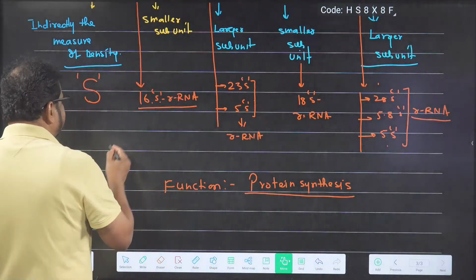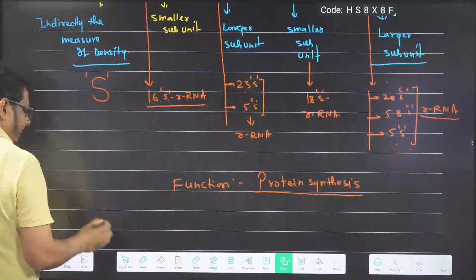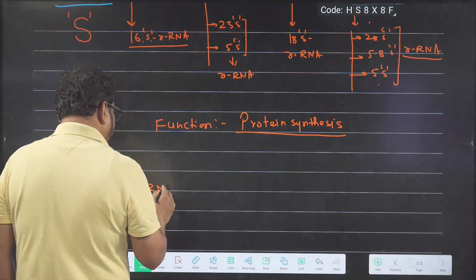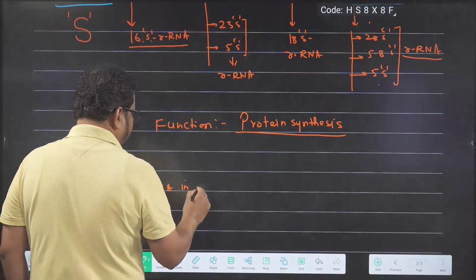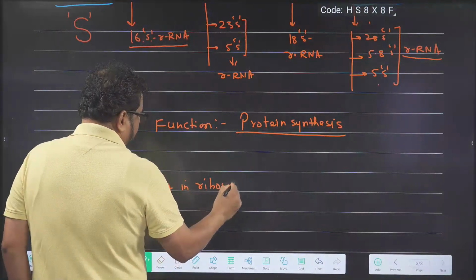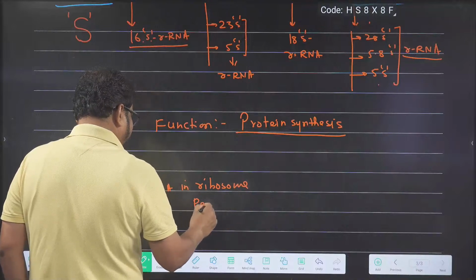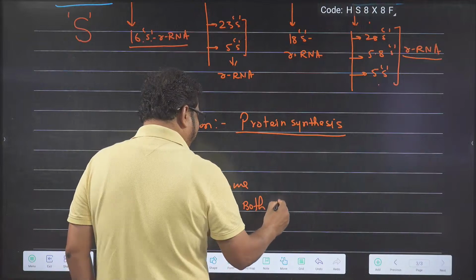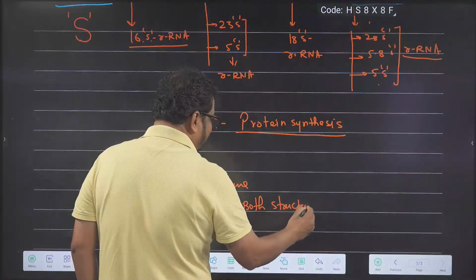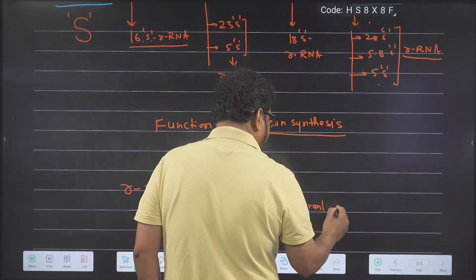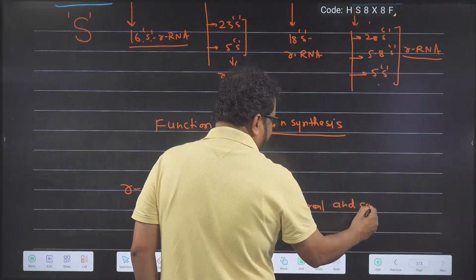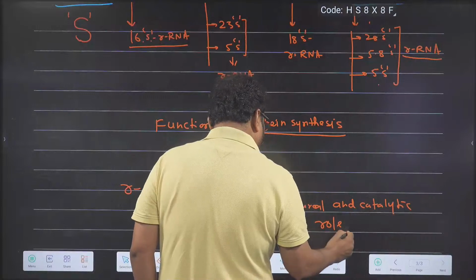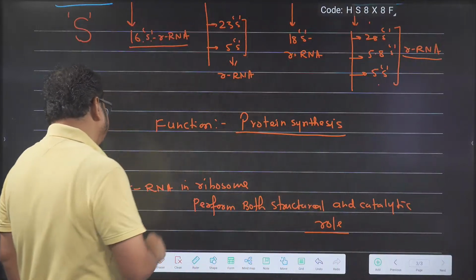Ribosomal RNA is structural here. rRNA in ribosome performs both a structural and catalytic role. That I will explain in second year. Catalytic role means it acts as an enzyme also, and these are making our ribosome also.